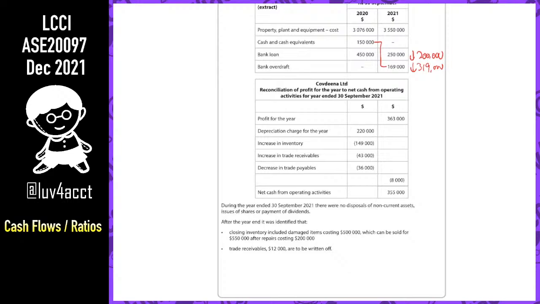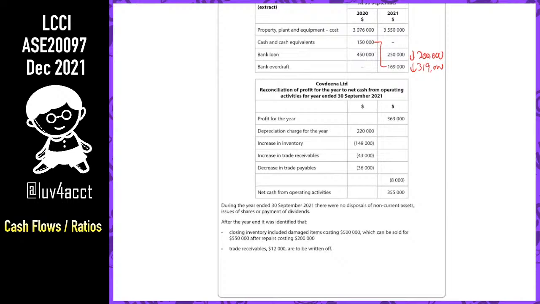Okay, no interest, no tax. Let us see if there is really none. During the year, there was no disposal of non-current asset. Very good. And no issues of share or payment of dividend. That's good. Financing activities, that means we only have the repayment of bank loan.